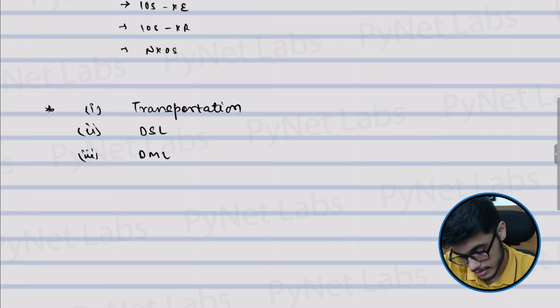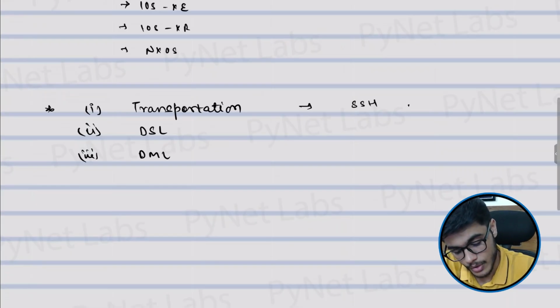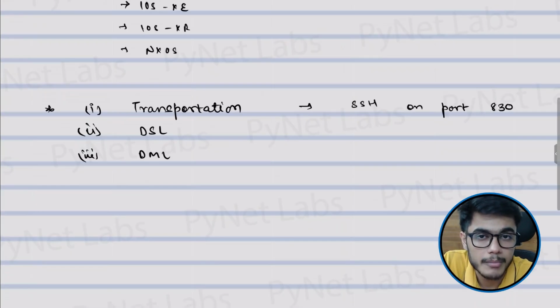So first thing, the transportation, it uses SSH, secure shell. It uses SSH for transportation on port number 830. So not the default port number, but a specific port number 830 is used for creating NETCONF connections.